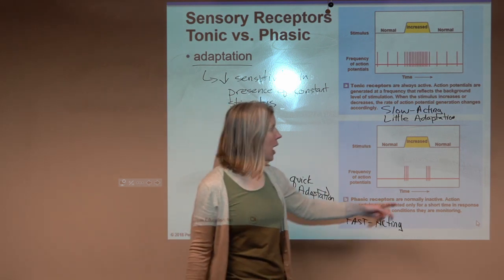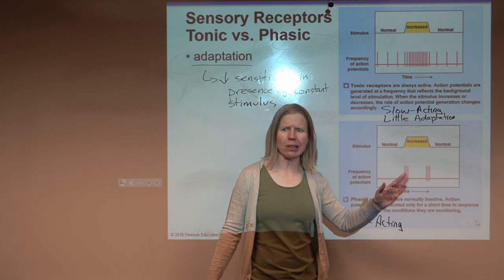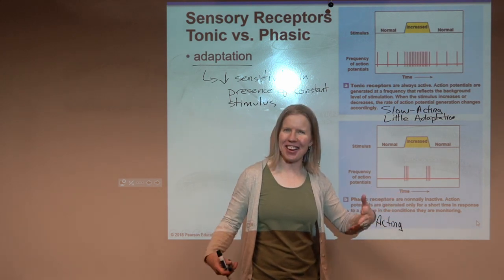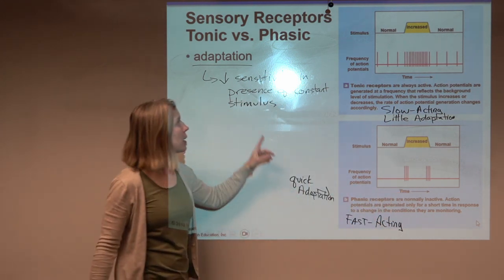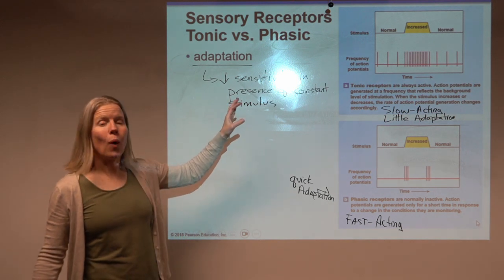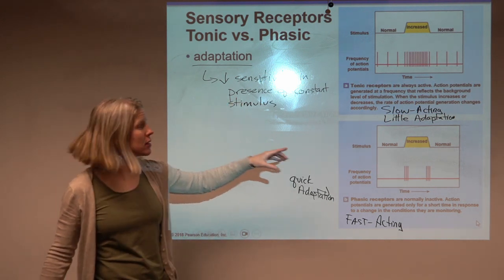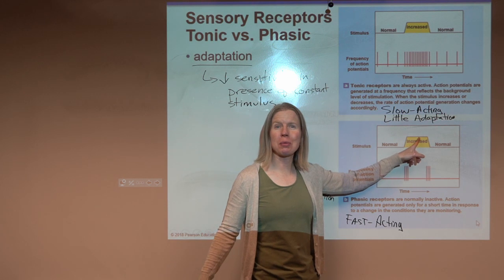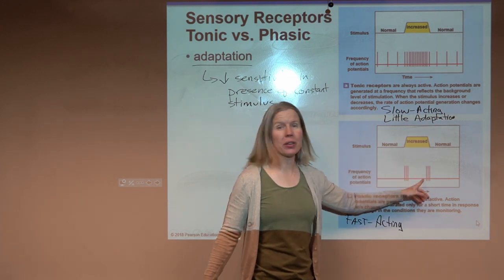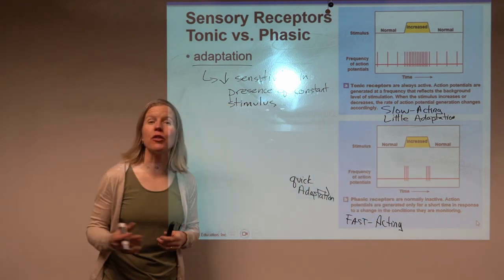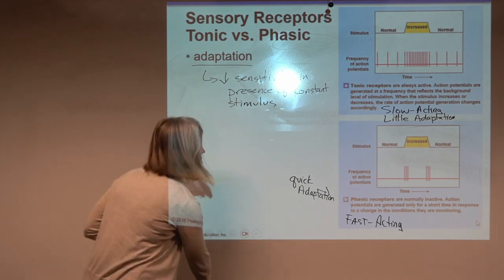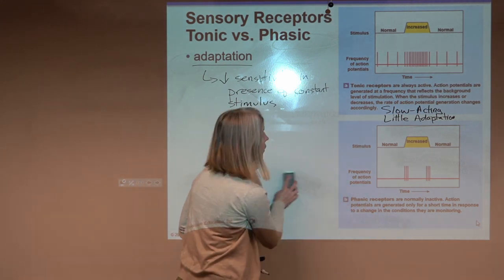You walk back outside, boom, boom, boom, it's cold, and you're like, oh, I should put my jacket on, right? And so that's what we mean by adaptation. When there's a constant stimulus, the temperature's warm, the temperature's warm, we're not gonna notice it, right? Because we're typically talking about these phasic receptors. Okay, we'll get into that some more as well.